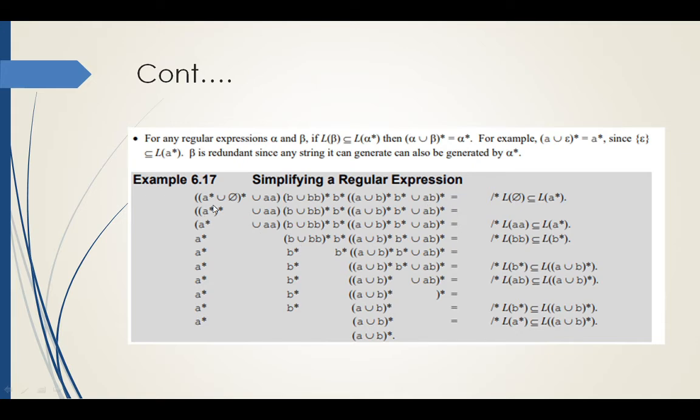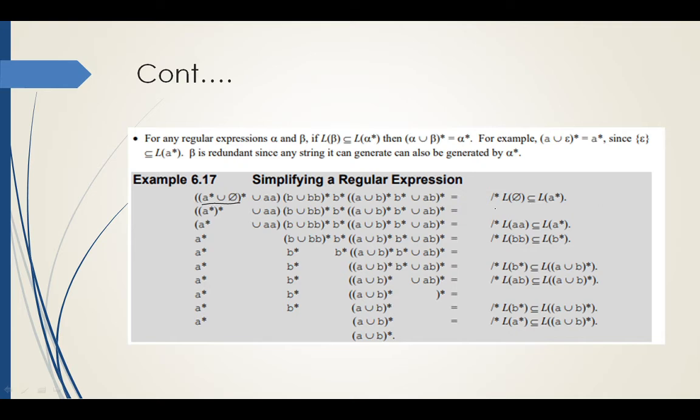So first we start from the left only. A star union null star. Null is a subset of A star, so directly I can write A star for this whole bracket, because null is a subset of A star.